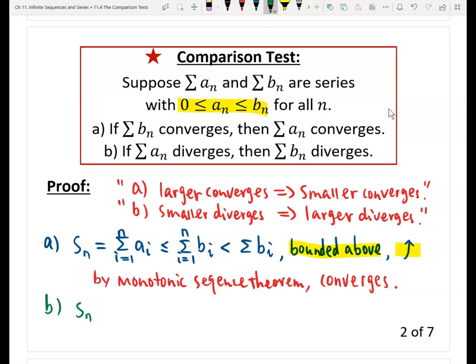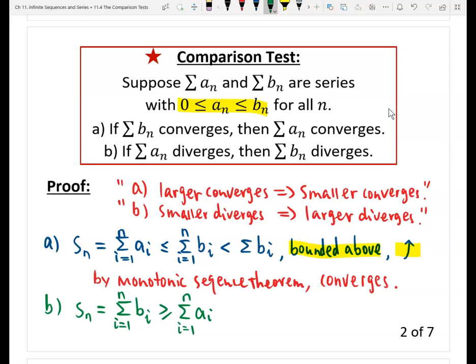We still look at the partial sum sequence. This time we need to prove it for b, so let me write the partial sum sequence for b, the sum of b_i. Can you see each term b is the larger one, so it is greater than or equal to the smaller one, a_i, i from 1 to n.